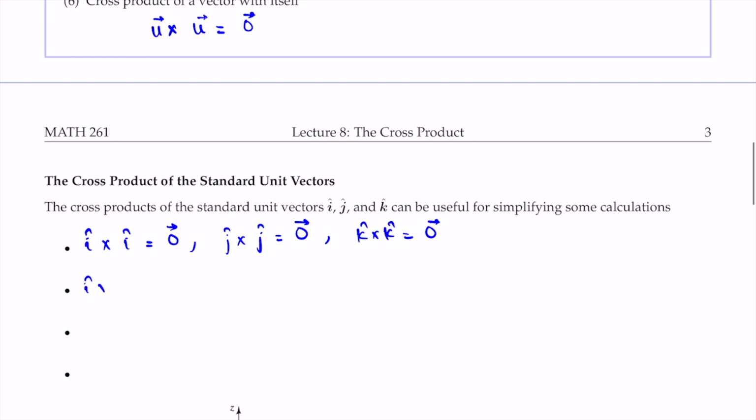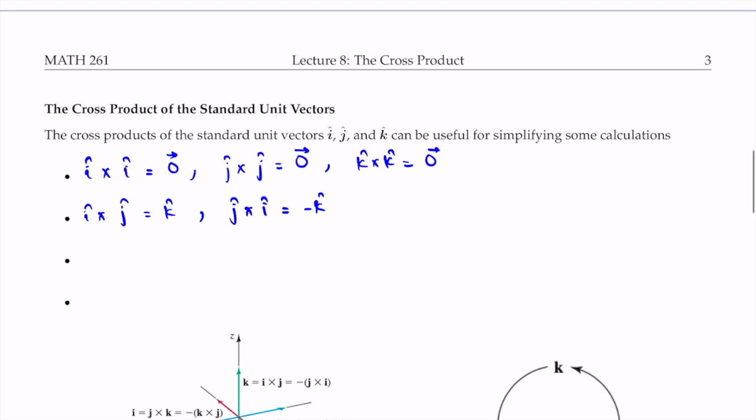When i crosses with j, you have k. When you switch the order of the vectors, j crossed with i gives you negative k. Now when you do j crossed with k, you have i, and if you switch the order of the vectors, k crossed with j, you have negative i hat.